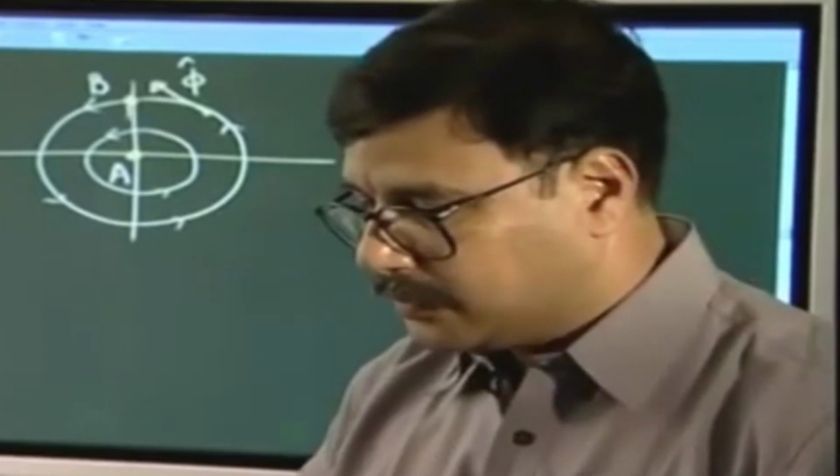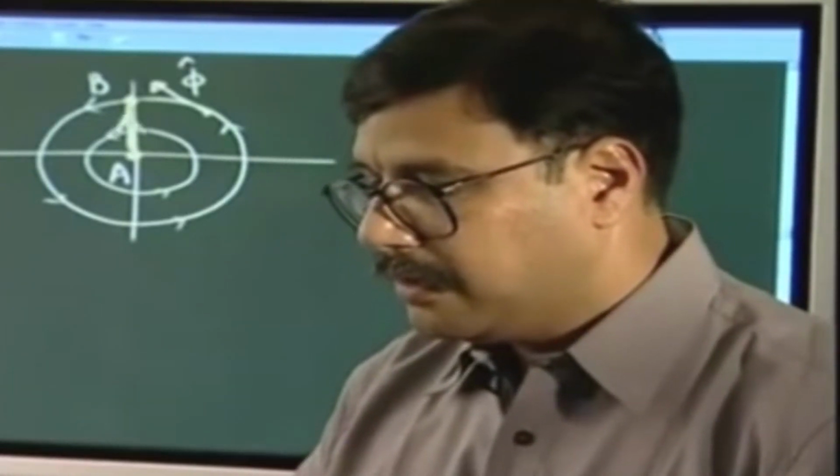Path 1, let it be this one, A to B directly, and path 2, let it be like this, A to C and C to B like this. Let this point be C. In the first case, when I calculate F along AB, it is in the direction of phi, but the displacement dl is in direction dr. So, F dot dl is 0, and therefore, work done A to B is equal to 0.